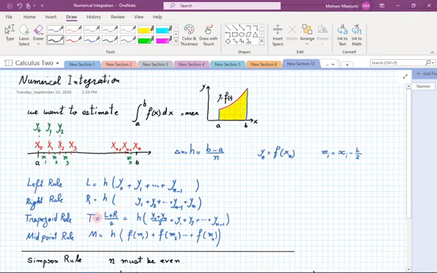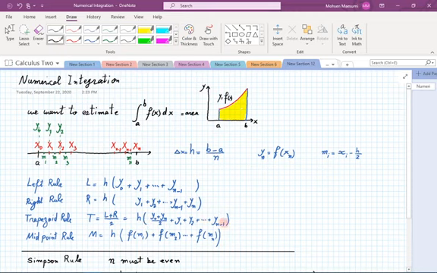What was the trapezoid rule? Trapezoid rule was just the average of these two. If you average y0 and nothing here, it becomes y0 over 2, and the last one also doesn't double up, so it becomes yn divided by 2. So I separated them, and then y1 plus y1 over 2, that's just y1, and so on.